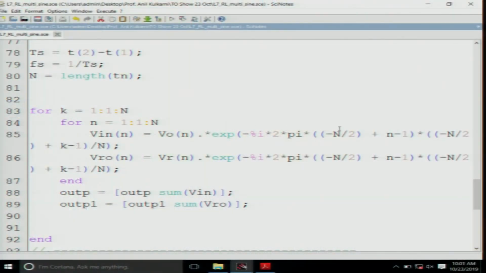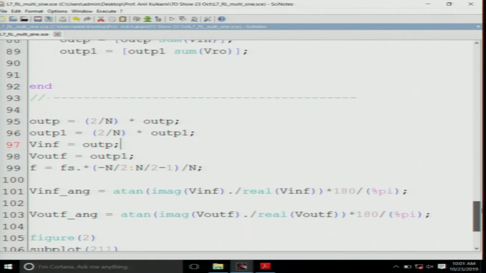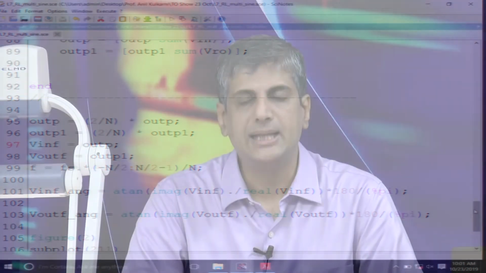Okay. So, this is showing you how we can take the input and the output, and take out the Fourier components. Once you take out the input and output Fourier components, we can obtain the magnitude and the gain. Remember that for the an and bn coefficients, the square root of an squared plus bn squared will give you the magnitude of the response, and tan inverse bn by an will give you the phase response.